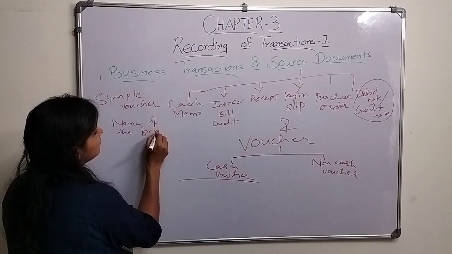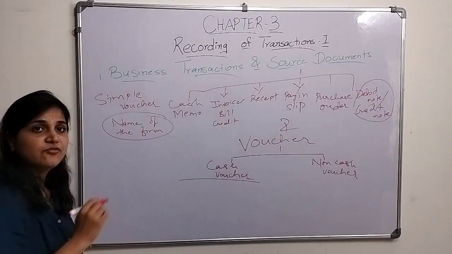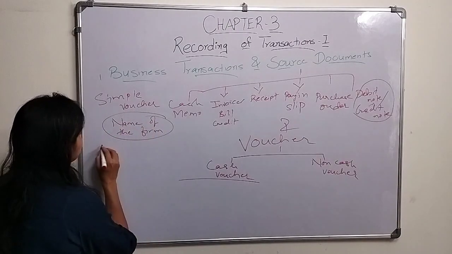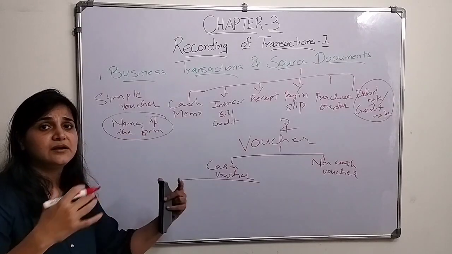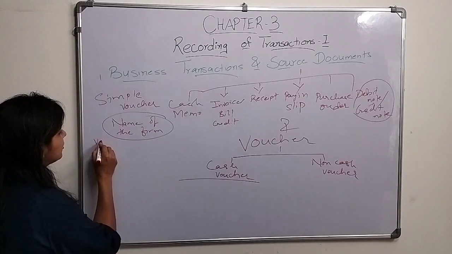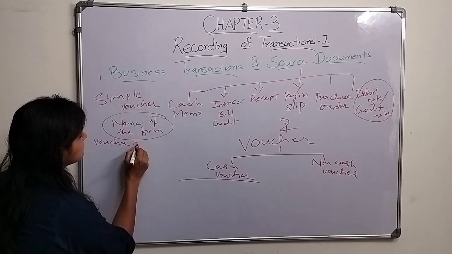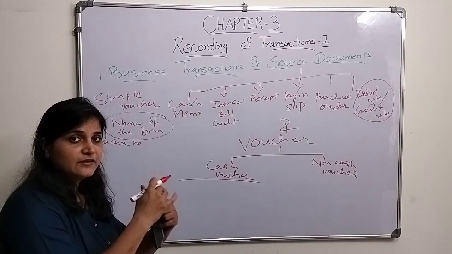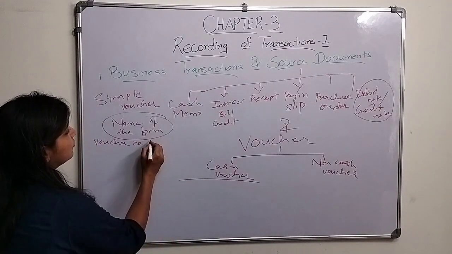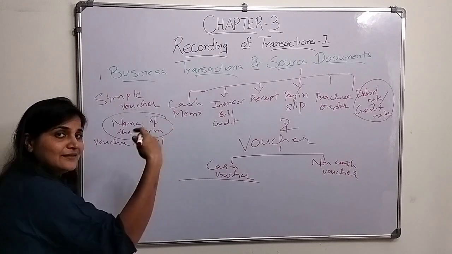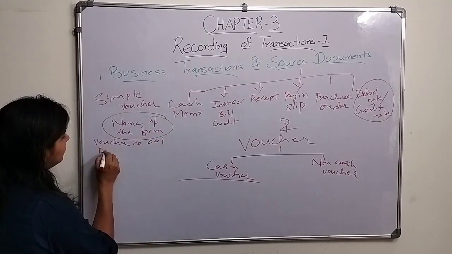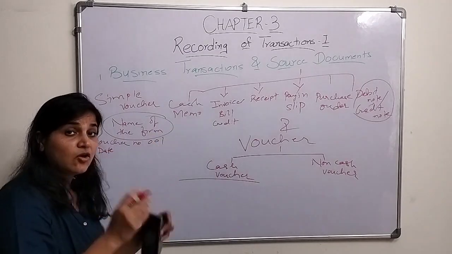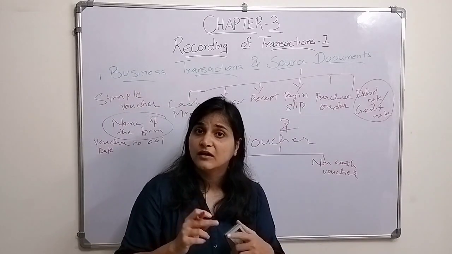In that voucher, what will be there? The name of the firm will be there. He will mention that there are multiple vouchers, so the voucher number will be there, serially it will be mentioned, like okay, 001. In that way, the date will be there, the date on which the transaction has occurred.